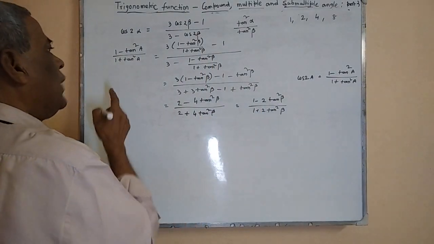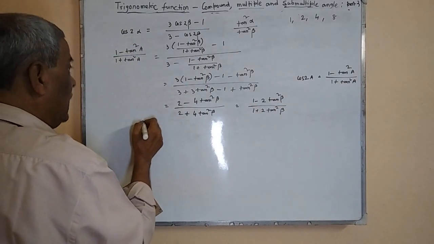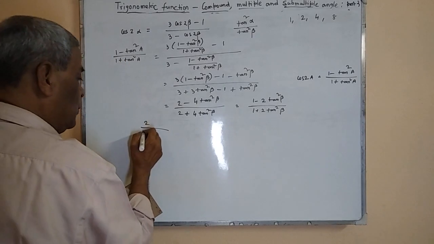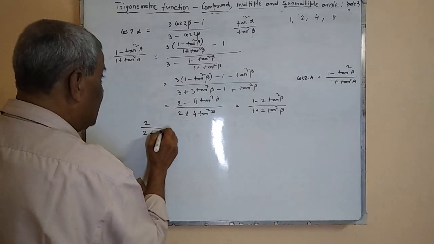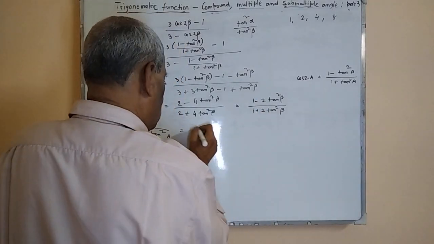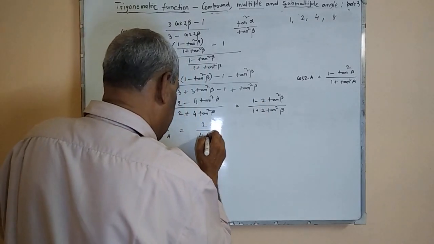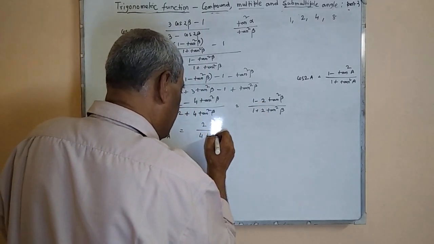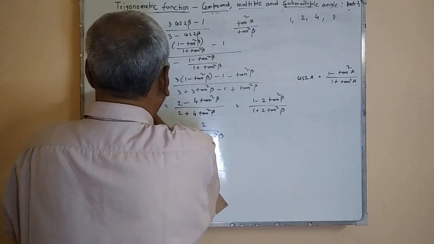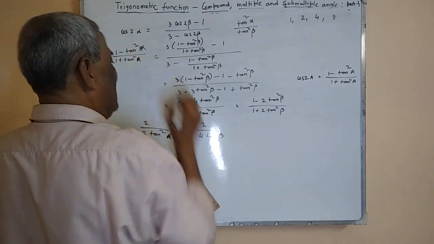Now by componendo and dividendo, this plus that on the left hand side, so 2 divided by this minus that, 2 tan square alpha. Here also this plus that, so 2 by this minus that, 4 tan square beta, tan square alpha. This is also alpha.